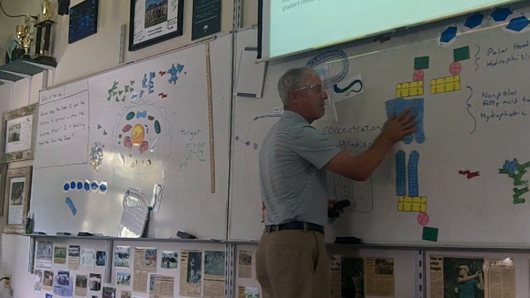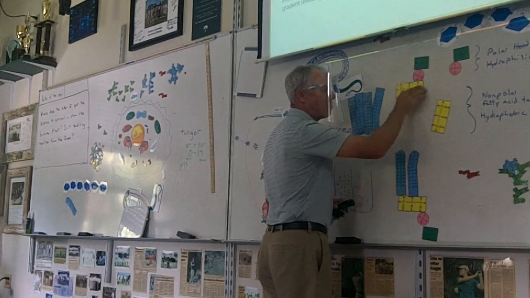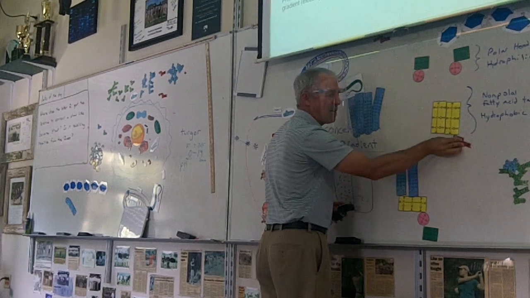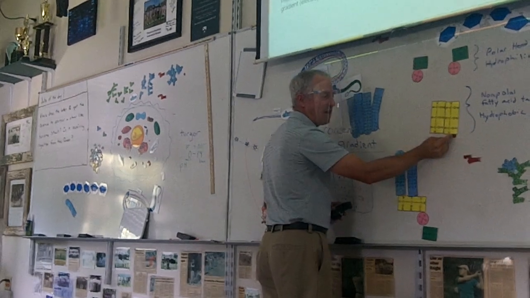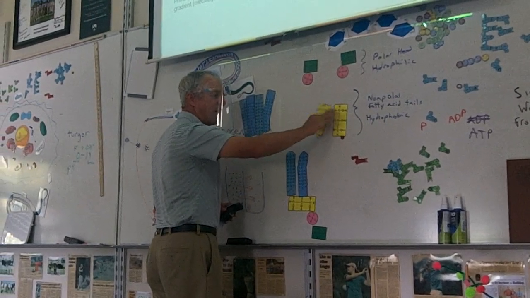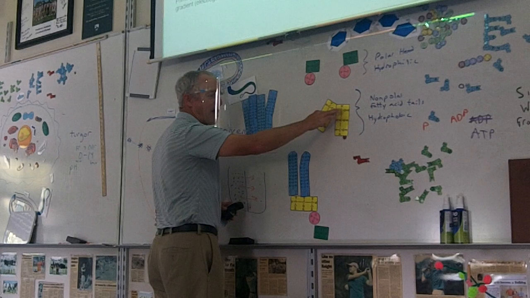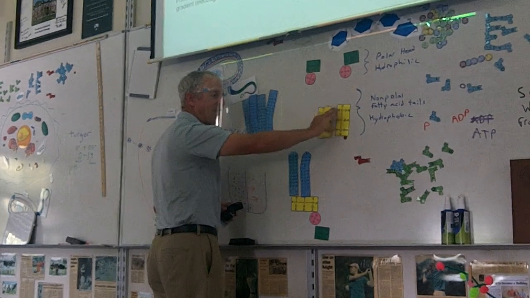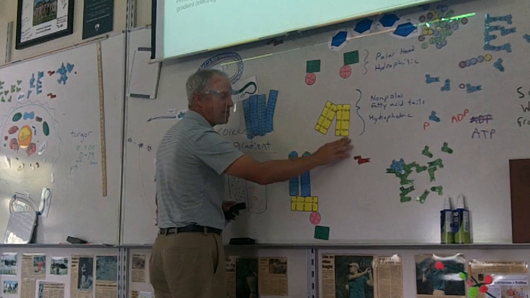Let's pretend this is a protein. The ATP will come up to the protein and drop off its P. And then the protein will change shape in some way. It often goes from that to that. From that to that. And so it might be like this.